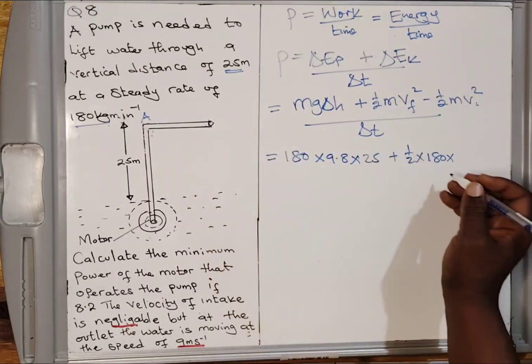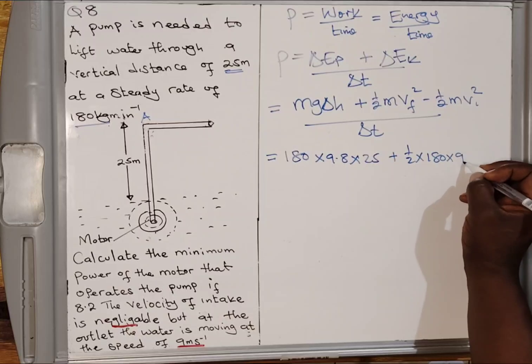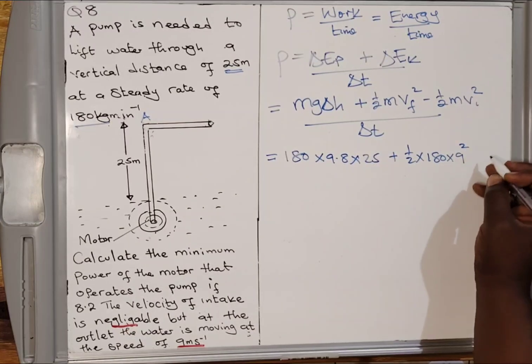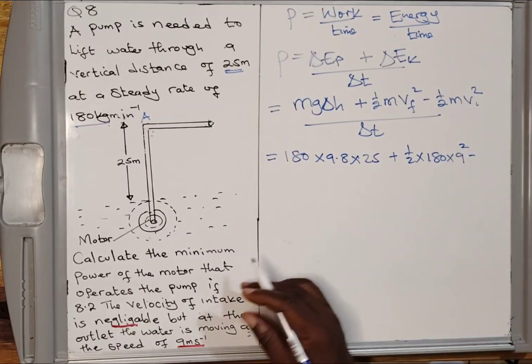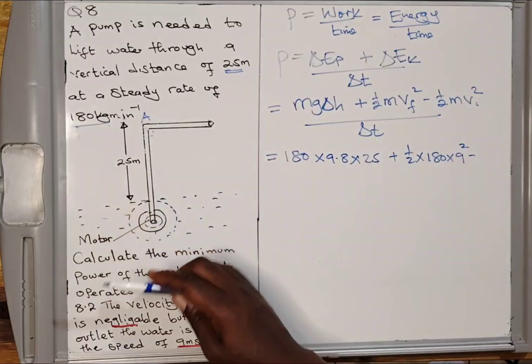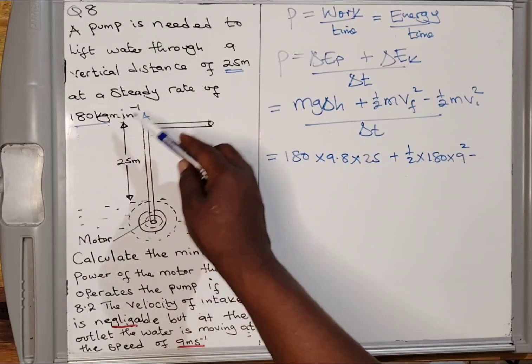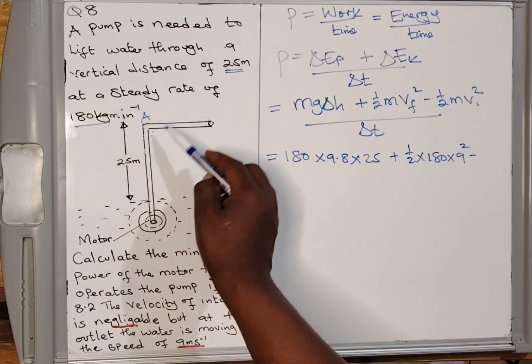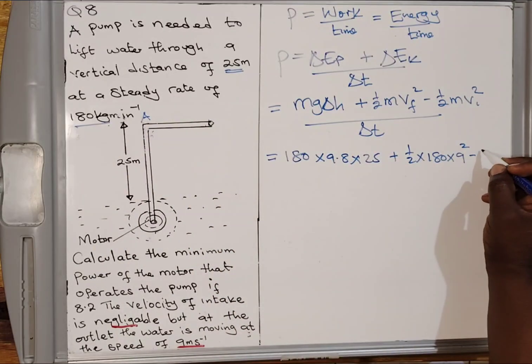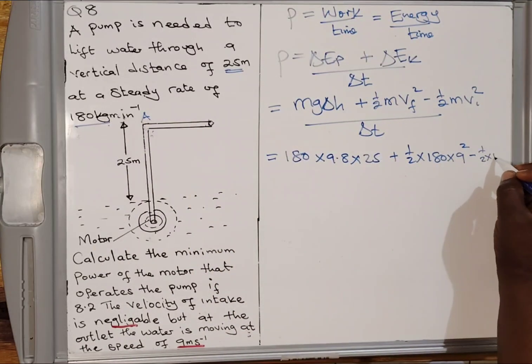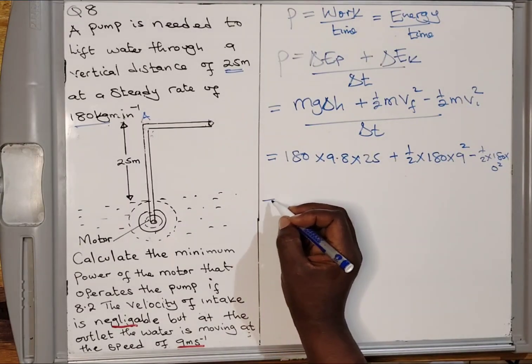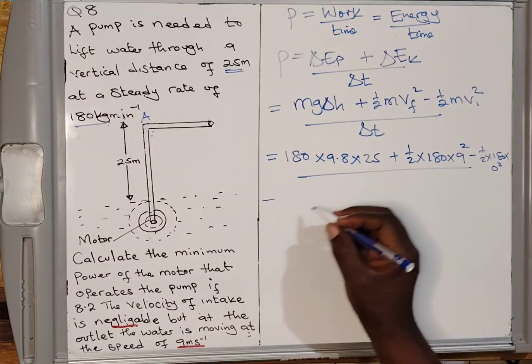Then the final velocity is 9 meters per second minus, remember I told you when water is rising up at this point before ejection, its velocity is 0. So we are going to have a half times 180 times 0 squared. All of it over what?